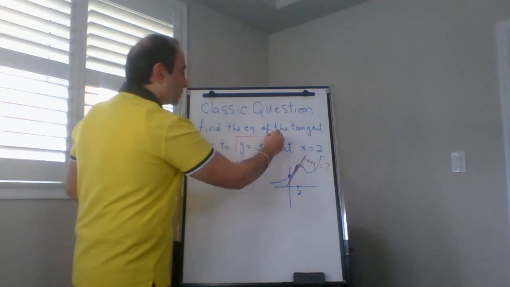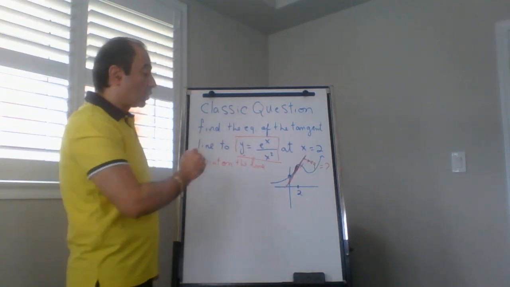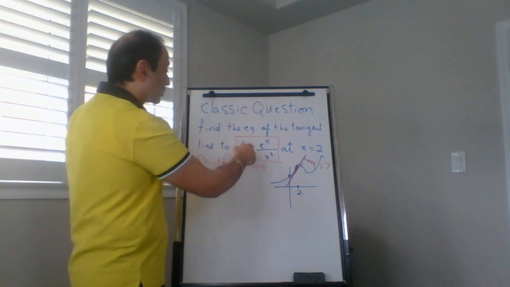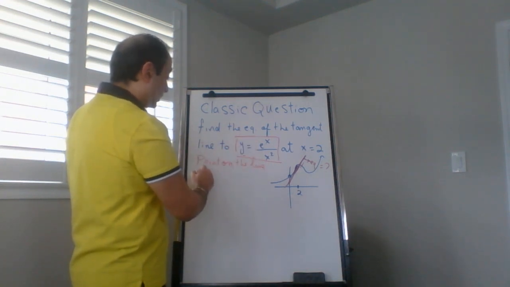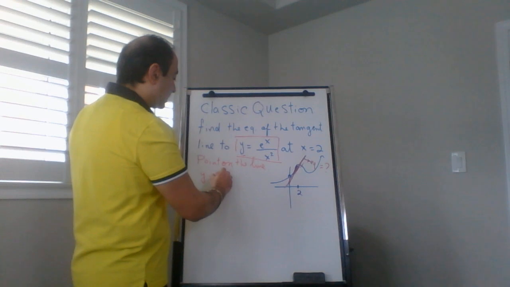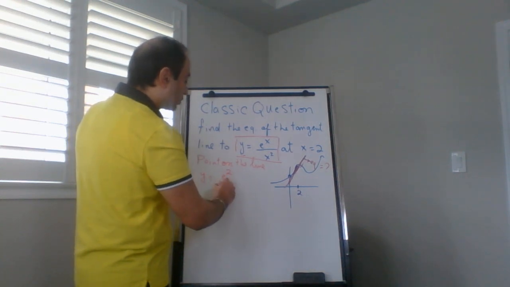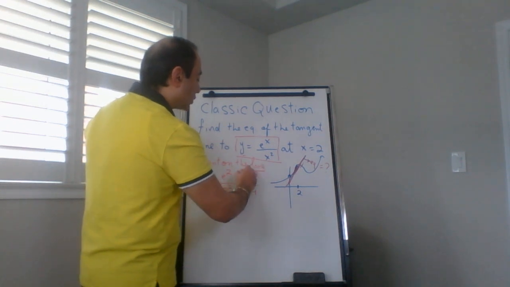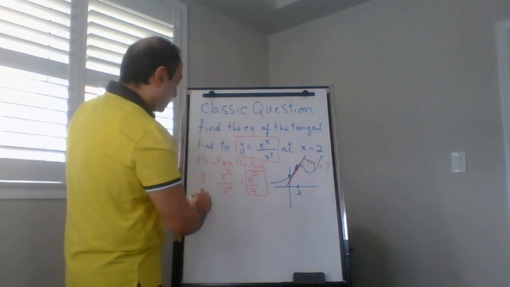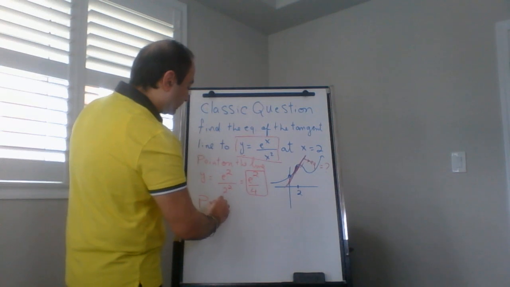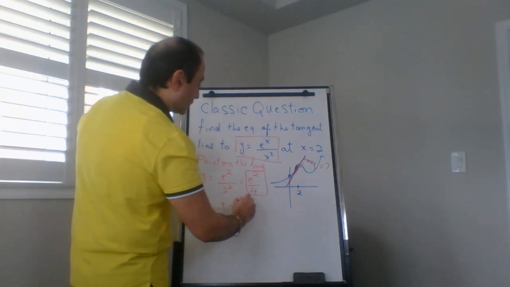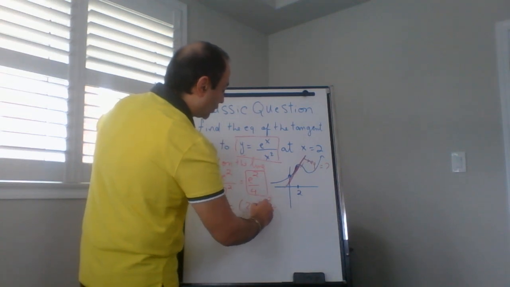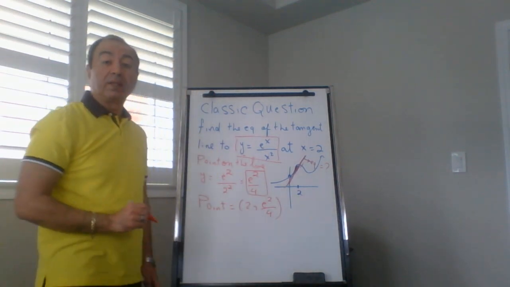I will substitute for x by 2. So y equals e to the power of 2 over 2 squared, which is e squared over 4. So the point on the line is (2, e squared over 4).